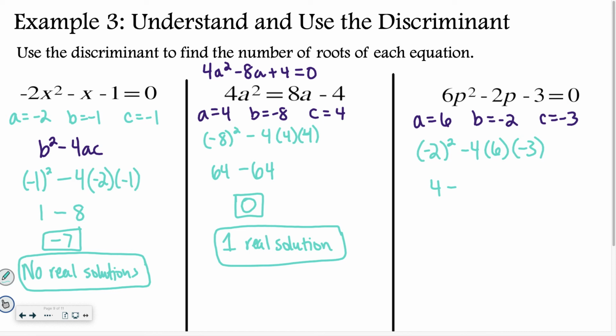So 4 minus negative 72 is positive 72. 4 plus 72 is 76. My discriminant equals 76. And since that's positive, it's bigger than 0, there are two real solutions.